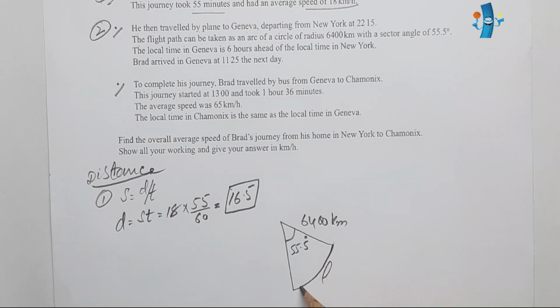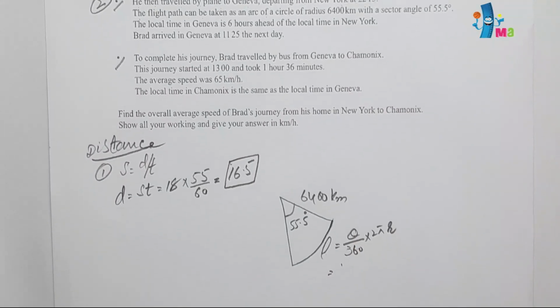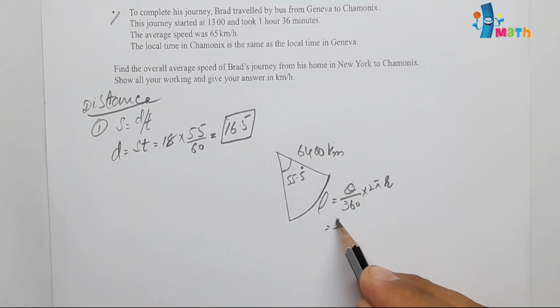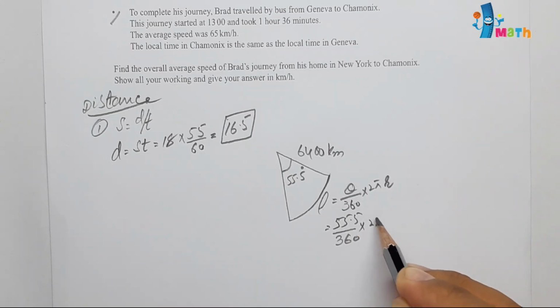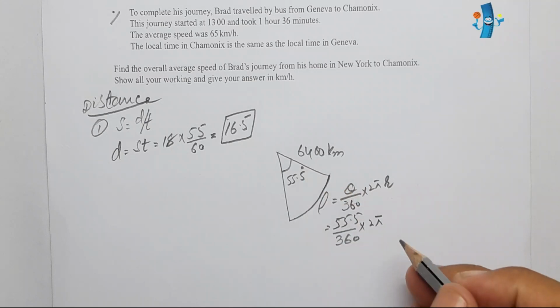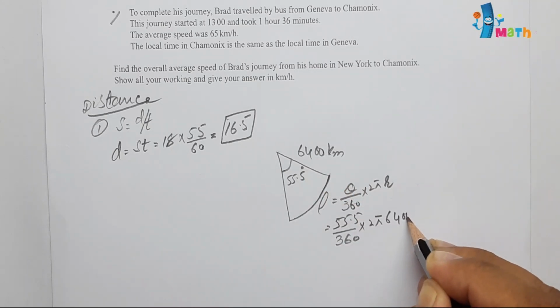The plane is traveling along this length, so L will be equal to theta over 360 times 2 pi r. If we replace values, theta is 55.5, so 55.5 divided by 360 times 2 pi, and r is 6400.